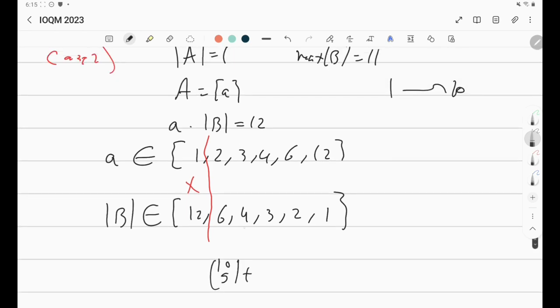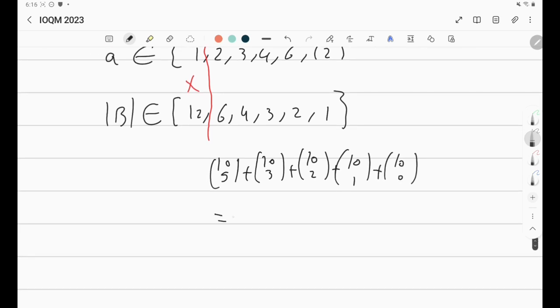Next, we'll do similar stuff. Here we drop 4, we drop 1, so it's 3. So now it's 10 choose 3. And then of course 10 choose 2, then 10 choose 1, then 10 choose 0. So this is the number of possibilities here.